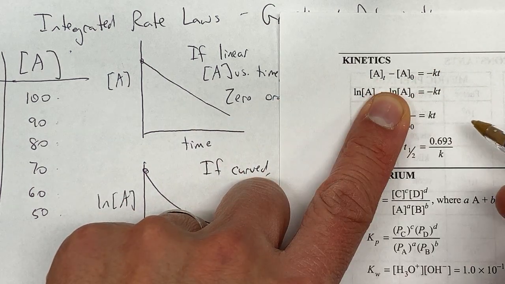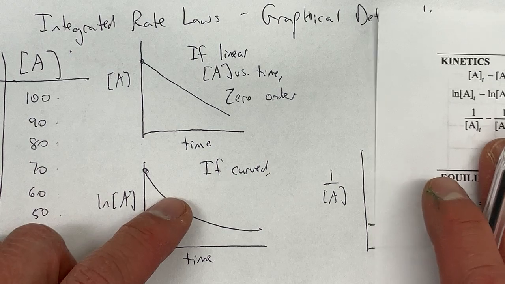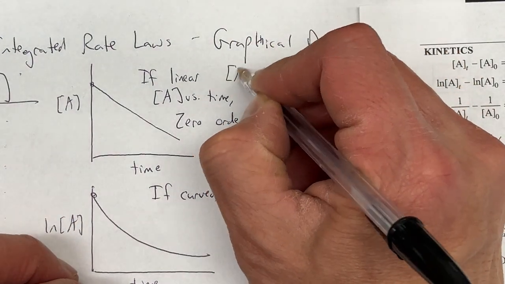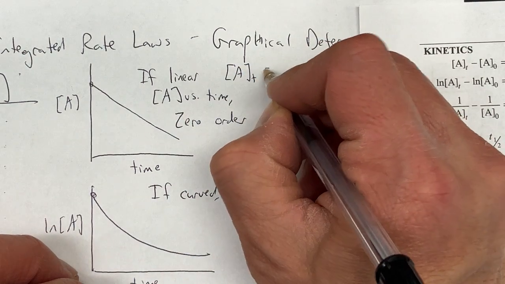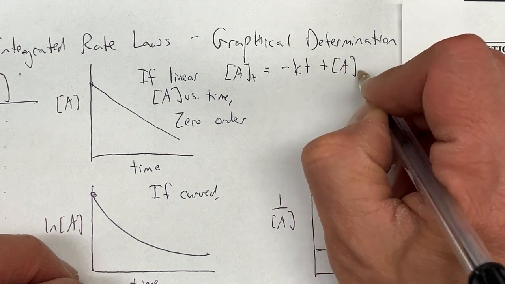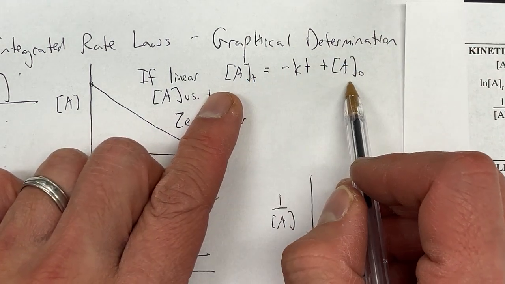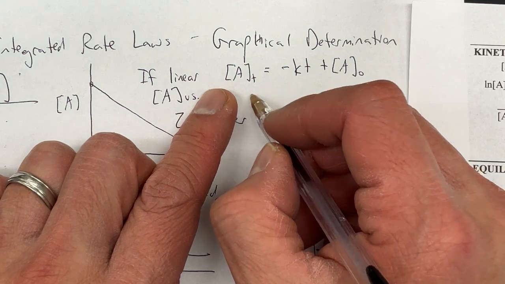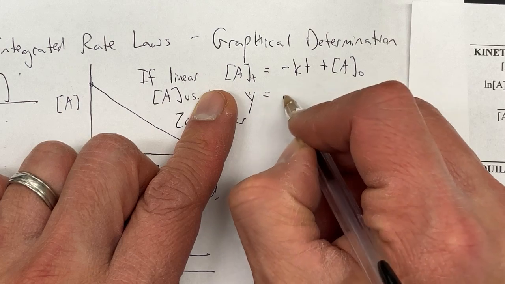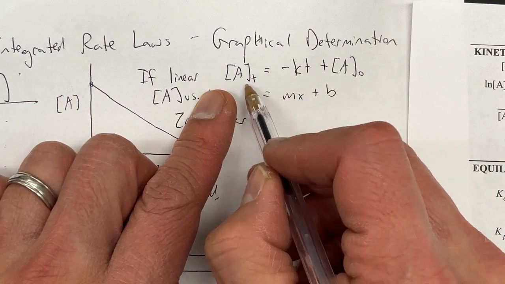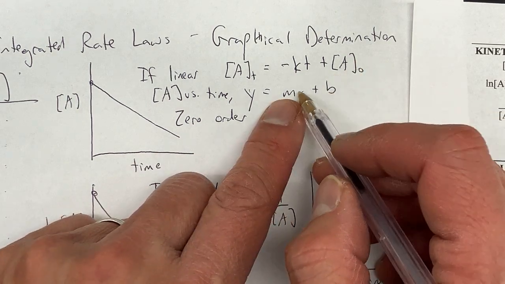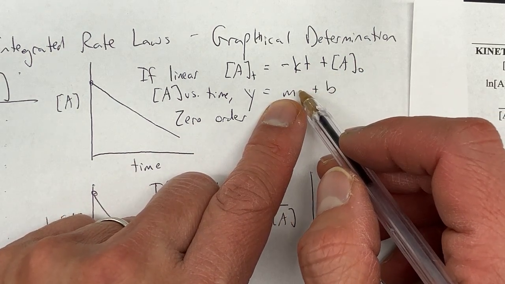So if I rearrange this equation, A of t equals negative kt plus A naught. This is the same thing as slope-intercept form. So if I have y equals mx plus b, y is like A of t, b is like my intercept, and t is like my x.